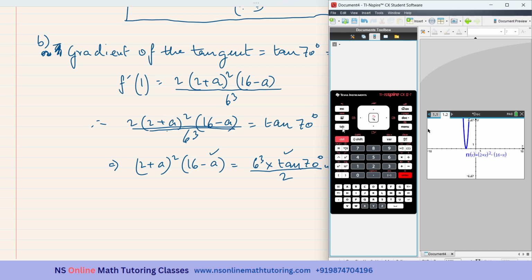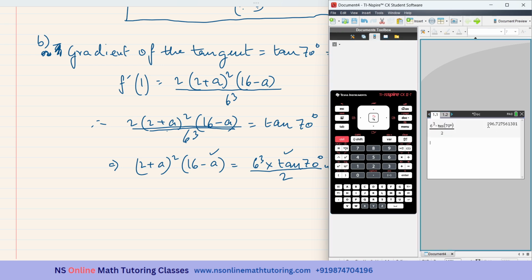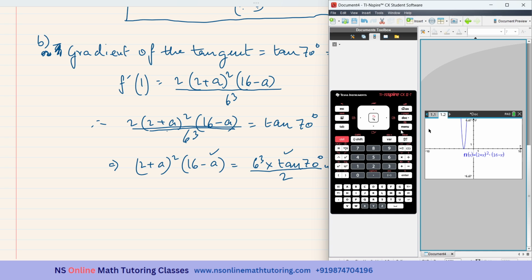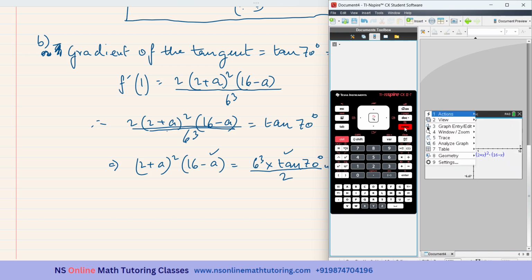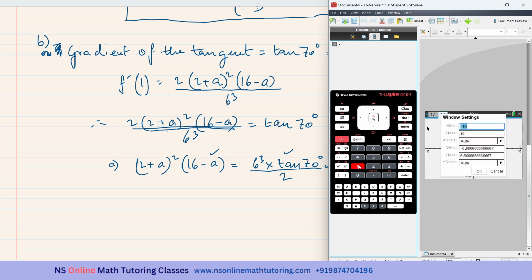So, look, let me draw the other part also. For that, I come over here and I just do Control C, and then Tab and Control V. Fine. And now I'll be using the window settings option, option 4, window zoom, and then window settings, option 1. I'm keeping the X min as it is.